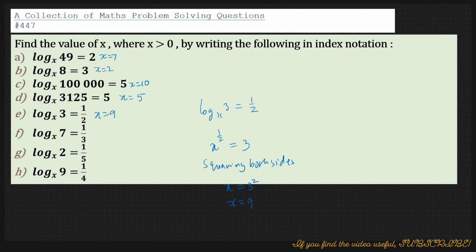For the next one, that is the part F, what we have is log to the base x of 7 is 1 out of 3. So you have x to the power 1 out of 3 equals 7.